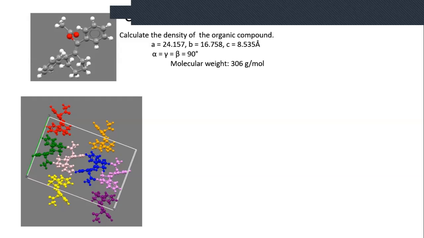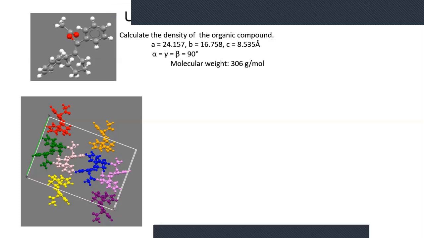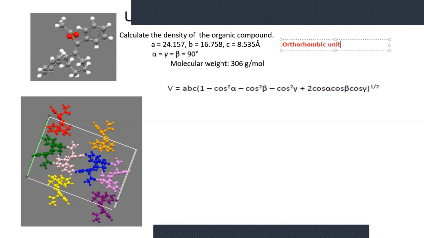Let's see if we've calculated the density of this crystal. So again, we're going to be using the volume equation. And since alpha equals beta equals gamma equals 90, we know that this is an orthorhombic unit cell.